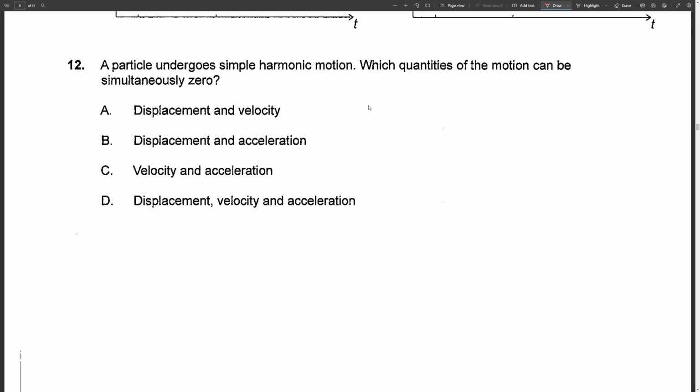In question 12, we take a look at simple harmonic motion. The most important and the most fundamental condition for SHM is that acceleration is proportional to the negative displacement from the equilibrium point. And basically, from this condition, you can tell the answer. When a is large, x is large.